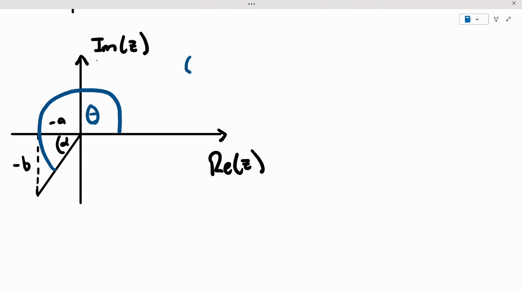Theta in this case, well, the semicircle is pi radians, and we have a little bit of an angle over here that we need to add to get this total blue angle. What is that? That is plus tan inverse of b over a. Now again, why didn't we use minus a or minus b? Because we are only concerned with the magnitude when we do it like this.